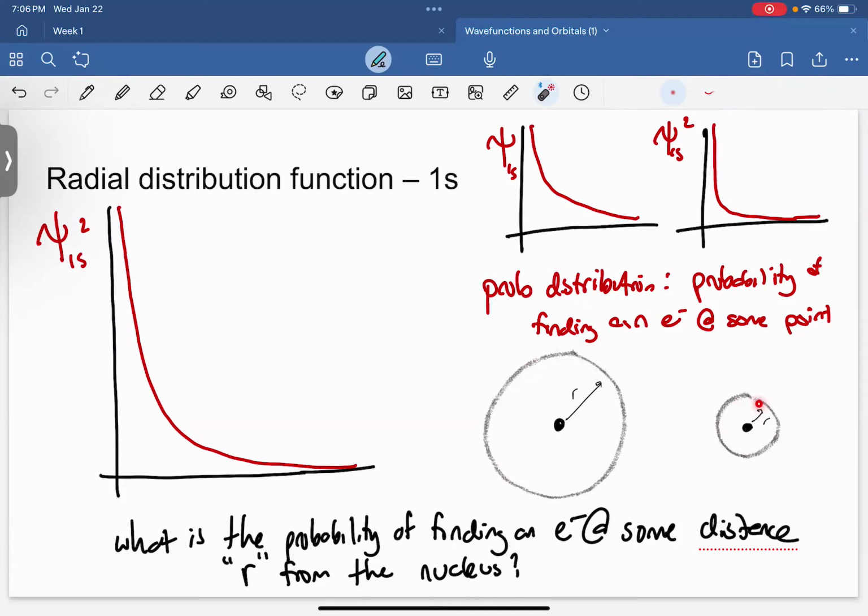And so if there was the same probability of finding the electron at any point on either shell, you'd say, well, it's much more likely to find it somewhere on this shell because there are so many more points on that shell than there are on this one. And so we need to capture that behavior. And it turns out that the surface area of this shell scales as a function of r squared. And I'll write this in blue.